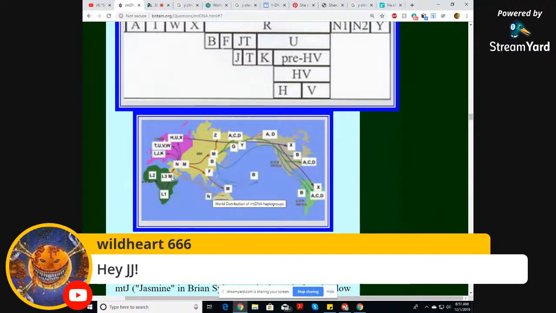Then there's the M, which was the Japhethite, and the N is the Semitic. Remember, the Semitics influenced the Japhethites that went north. So Europe is a mixture of Semitic and Japhethite, and then these are mostly Japhethites in this direction here.